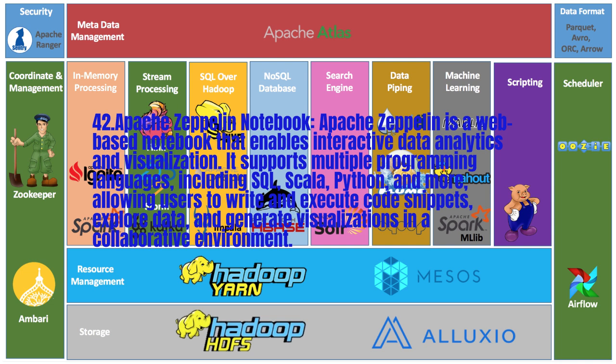Apache Zeppelin is a web-based notebook that enables interactive data analysis and visualization. It supports multiple programming languages including SQL, Scala, Python, and more, allowing users to write and execute code snippets, explore data, and generate visualizations in a collaborative environment.